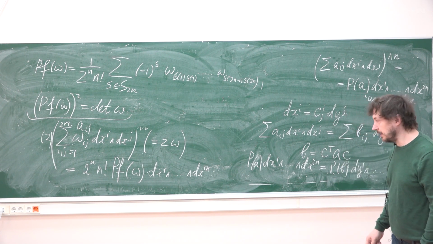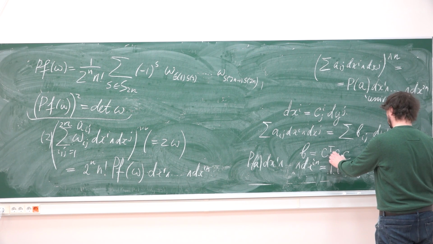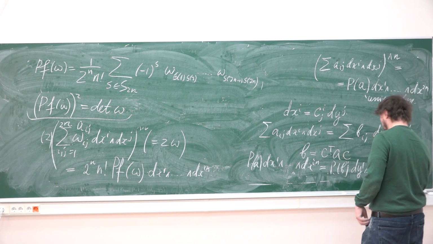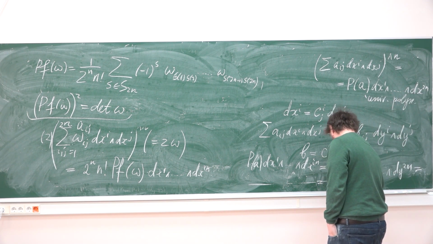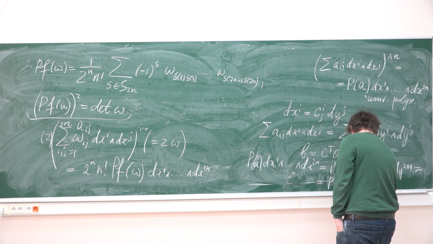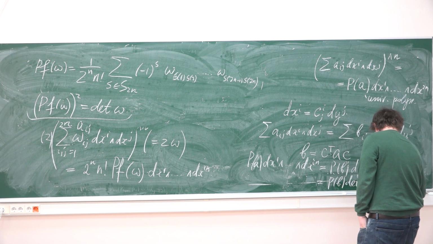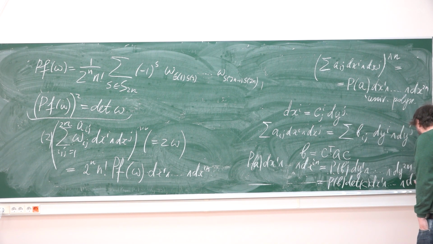Just this. Then you substitute this expression here, and you get a very nice formula that it will equal P of B times determinant of C dx1 wedge and so on dxn, right?